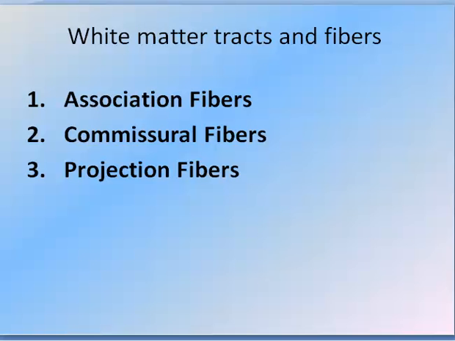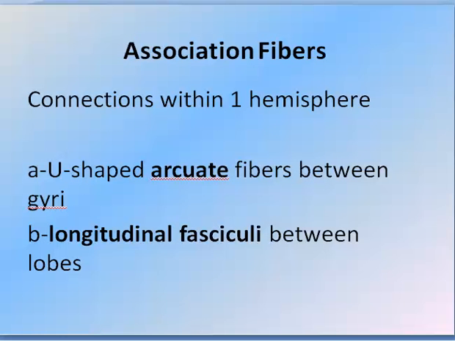We have three white matter tracts. White matter tracts and fibers that are sheathed with myelin. We have the association fibers, the commissural fibers, and the projection fibers. Association fibers, the best example is the U-shaped arcuate fibers between gyri and the longitudinal fasciculi between lobes of the same hemisphere.